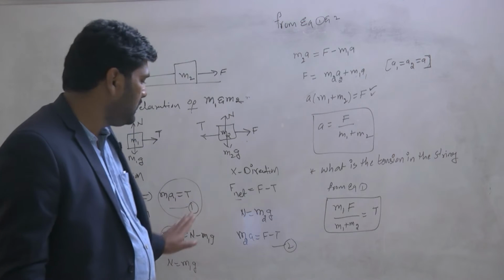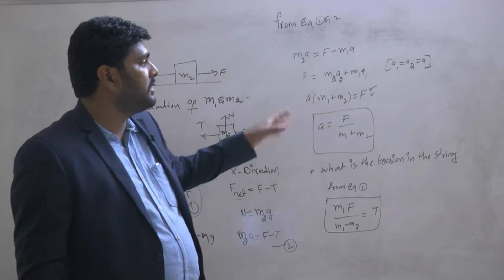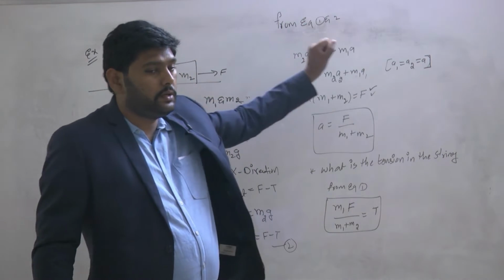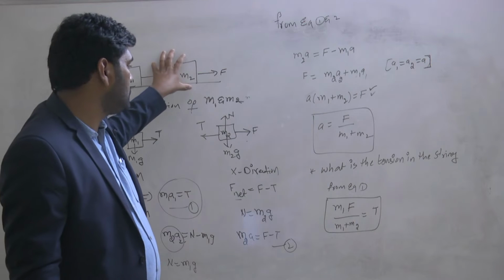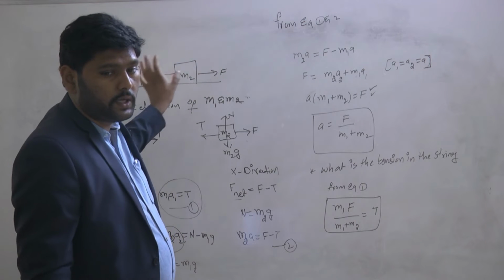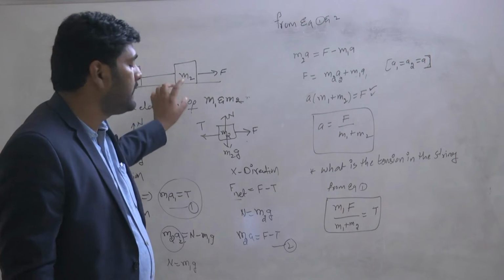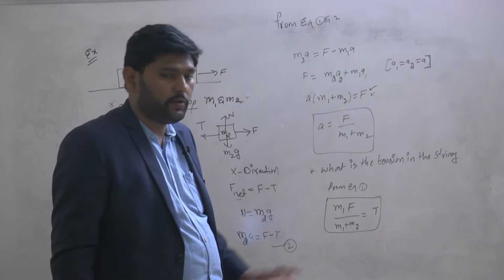After having the equations, solve them. When solving, find the relation between the accelerations of the bodies. When this mass is moving forward, this mass also moves forward, so common sense tells us they have the same acceleration. That way we can find the acceleration of the bodies.